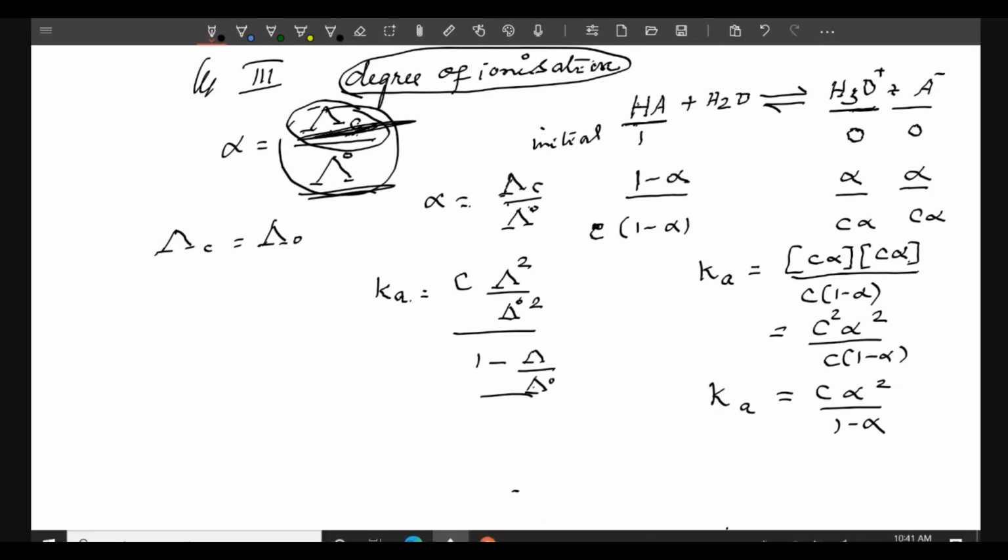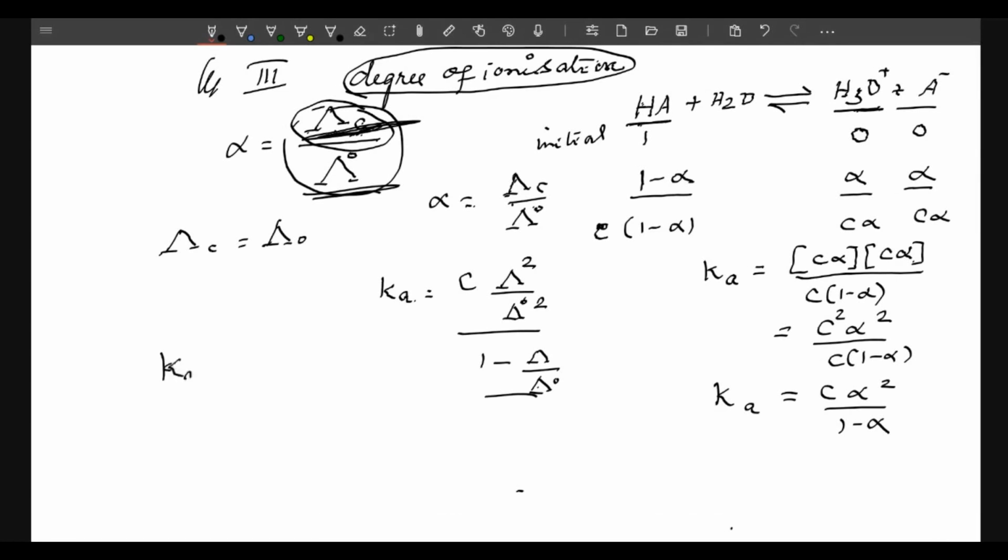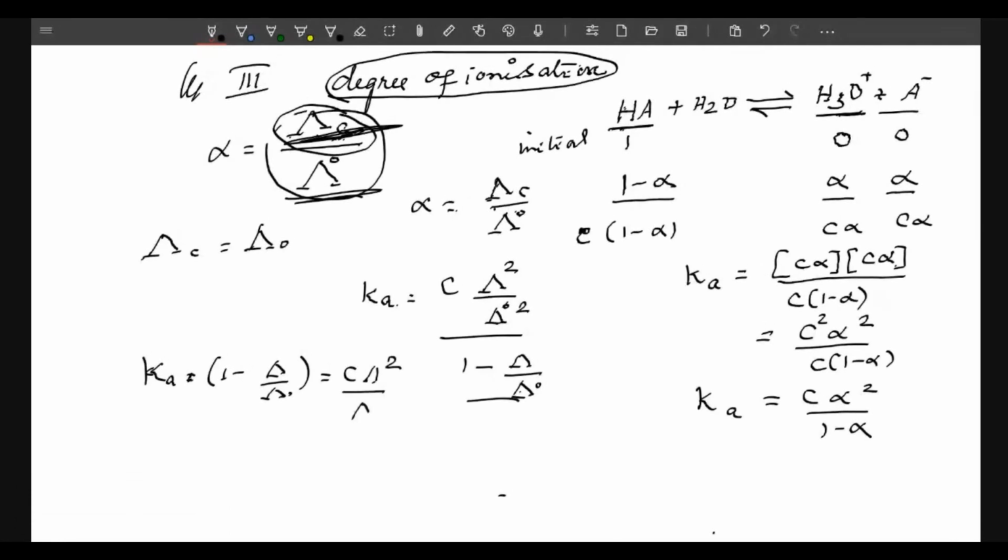Bring this value to this side, you will get Ka into 1 minus lambda by lambda naught is equal to C lambda square by lambda naught square. Or bring this lambda naught square to the other side, you will get Ka into lambda naught square into lambda naught by lambda square.